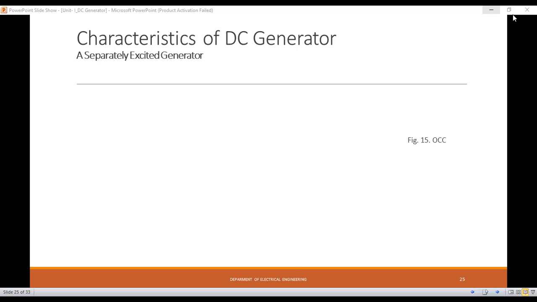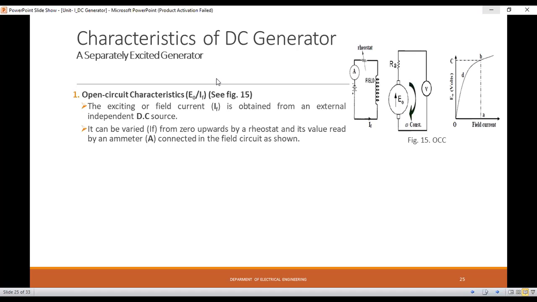Internal characteristics, or total characteristics as we call it. This characteristic is plotted between the induced EMF and the armature current. The induced EMF should be taken into account while considering the armature reaction effect, that is, the induced EMF of the generator after considering the armature reaction effect, versus the armature current.